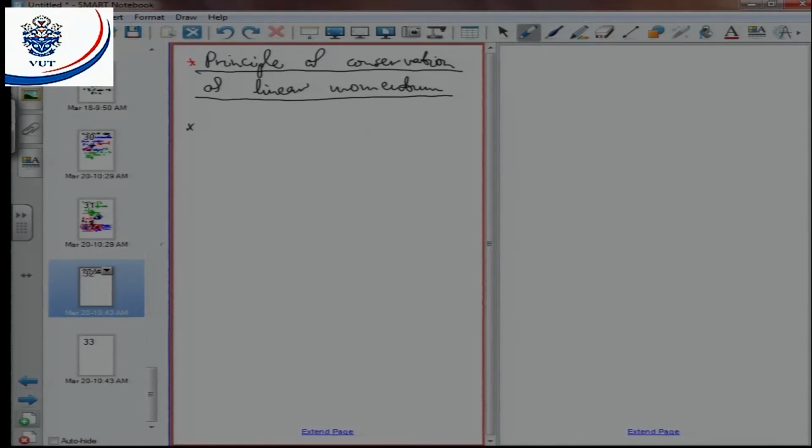It tells us that for an isolated system, the total momentum is constant. Sometimes they use the word conserved. It's the same as constant.